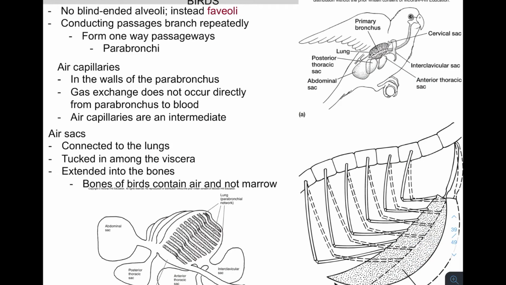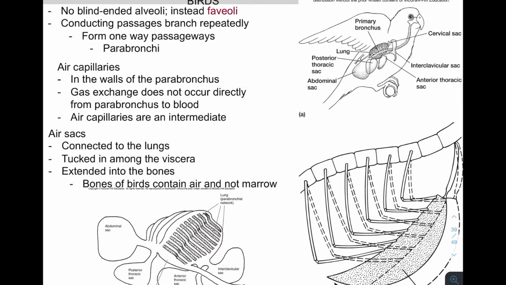Birds have small lungs in comparison to mammals. And at first, this might be deceiving, where one might think that birds have a smaller respiratory apparatus than mammals. And if we think about how much oxygen birds need to fly, this would not make sense.